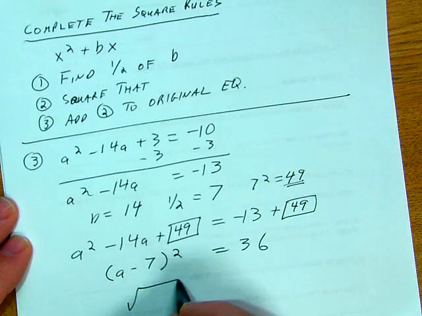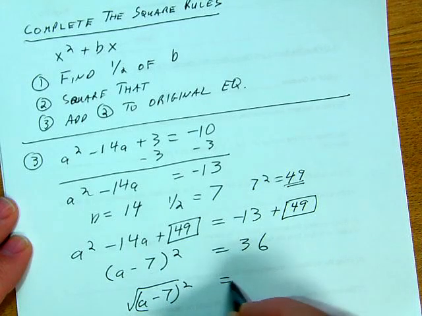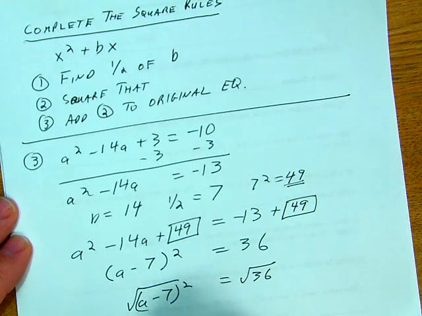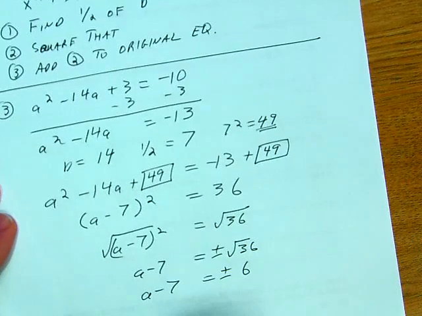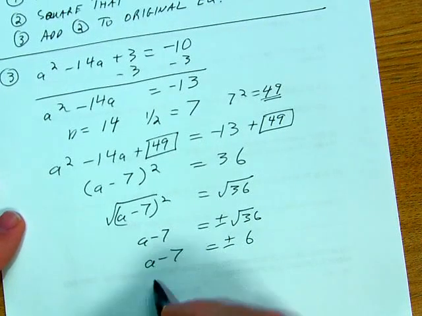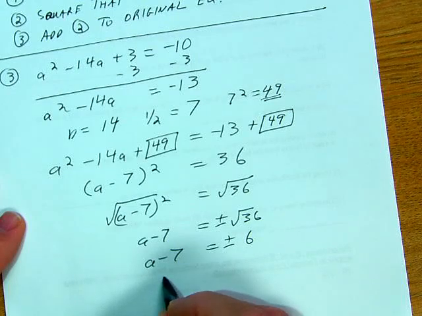I then can take the square root. A minus 7 is equal to plus or minus the square root of 36. A minus 7 is equal to plus or minus 6. Add 7 to both sides.